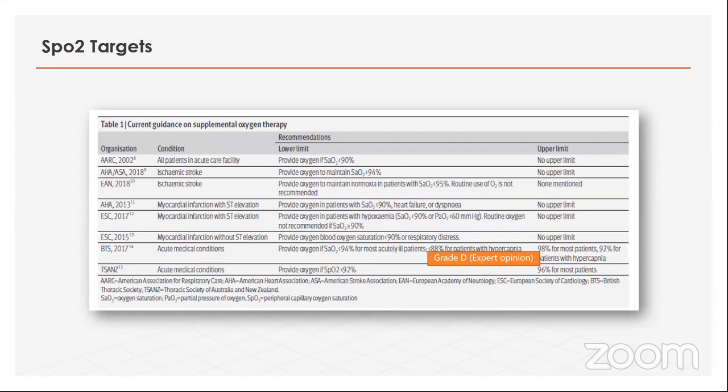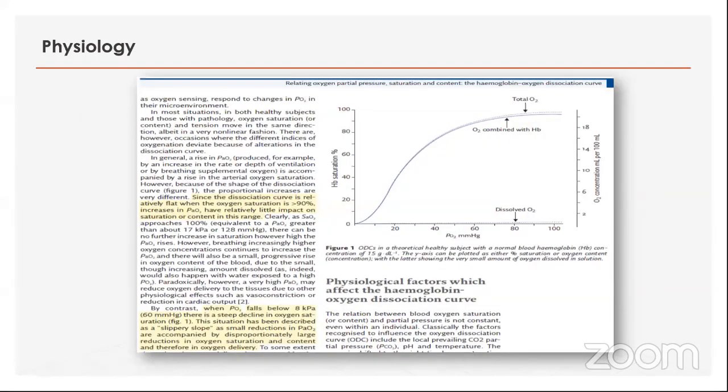But if you go to the physiology, you will find the oxygen curve saying to you that if you go more than 90% oxygen saturation, there is not much increase in the PaO2.